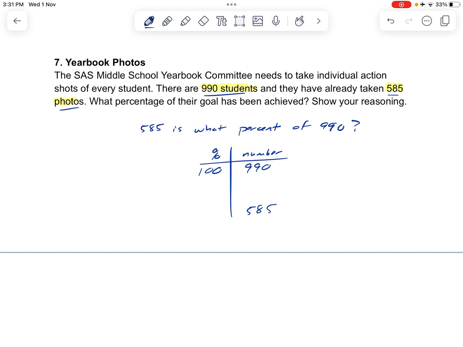Okay, so this is going to require some little bit ugly calculations, but that's okay. We'll just use a calculator for that. You could do this in one step, but I think what I'm going to do is scale this down to 5. So I want to know what I need to divide 990 by to get 5? So how many times does 5 go into 990?